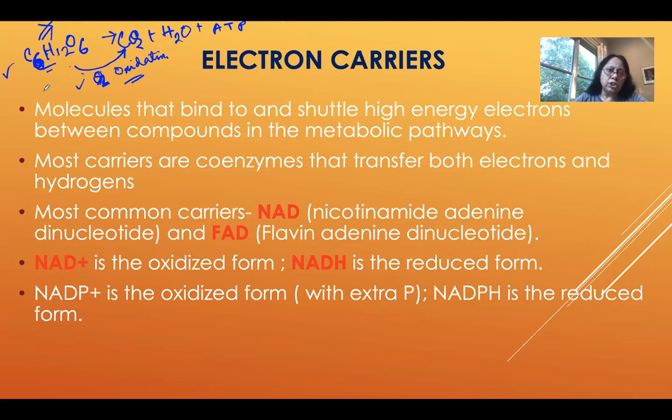Glucose is taking part in it, producing ATP. So all those are very, very important. But for the breaking down or oxidation of glucose into carbon dioxide to happen, there are lots of other elements or compounds or molecules who help glucose to transform into carbon dioxide, and they are the electron carriers.